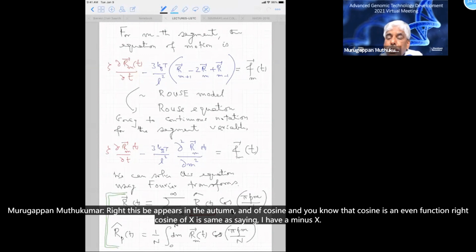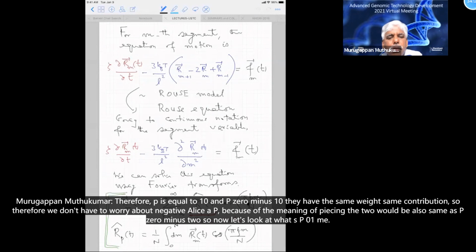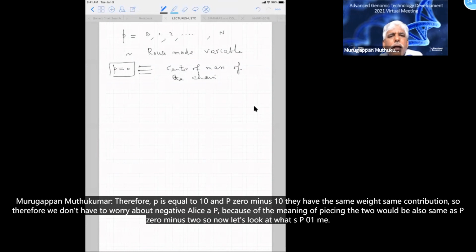And you know that cosine is an even function, right? Cosine of x is the same as cosine of -x. Therefore, p equal to 10 and p equal to -10 have the same weight, the same contribution. So we don't have to worry about negative values of p, because the meaning of p equal to 2 would also be the same as p equal to -2.